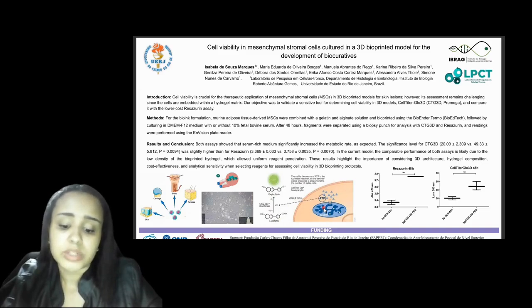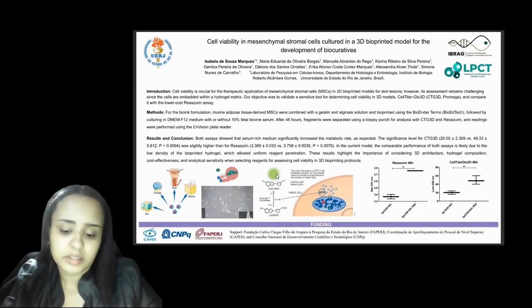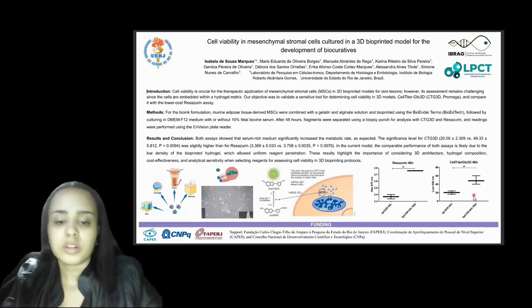This ATP is released from the cell by adding a lysis buffer, and this reaction emits light of a certain wavelength. The intensity of the luminescence is measured and is proportional to the number of viable cells, since the cell is the source of ATP in this reaction.